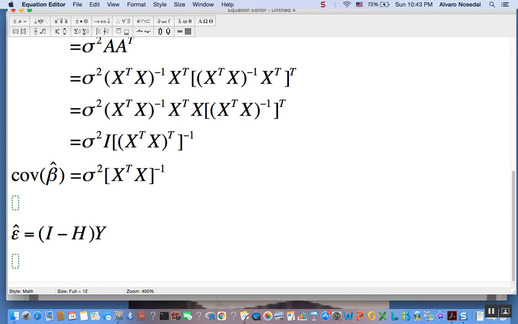The identity minus H times Y is going to give you the residuals. Now what we want is the covariance of that guy, right? So we want the covariance matrix of our residuals.